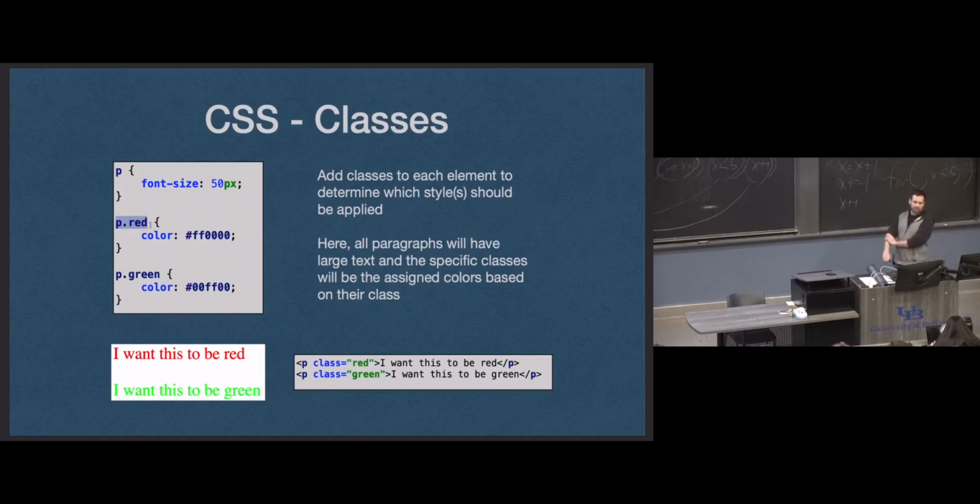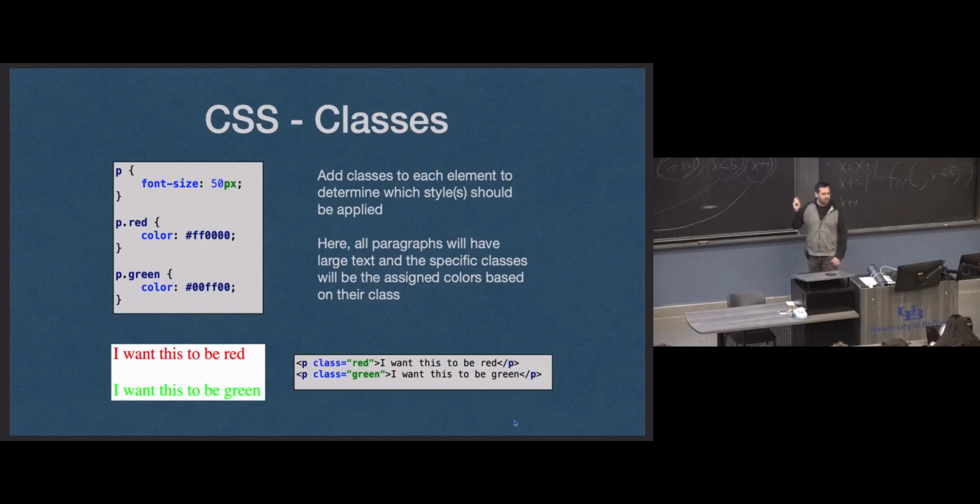So here I'm saying every paragraph with the class red, that's going to get this styling, which is changing the text to red. And every paragraph with the class green is going to get this styling applied to it, which is changing the text to green, of course. So now each one of these paragraphs has different styling associated with it by specifying different classes for those elements through our attributes.